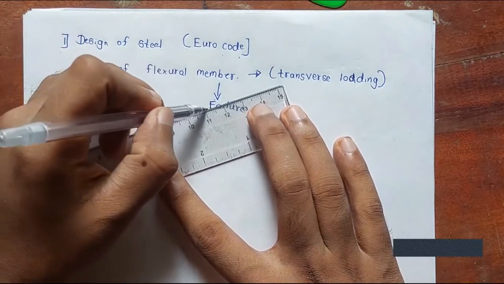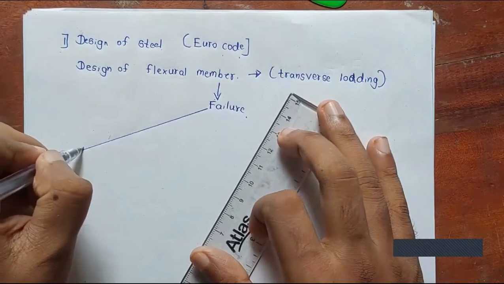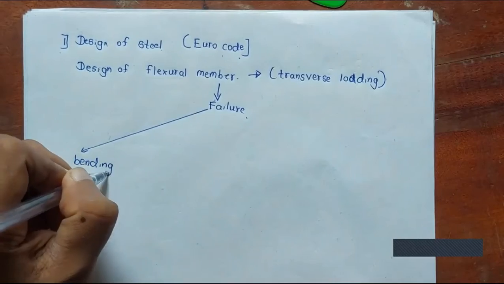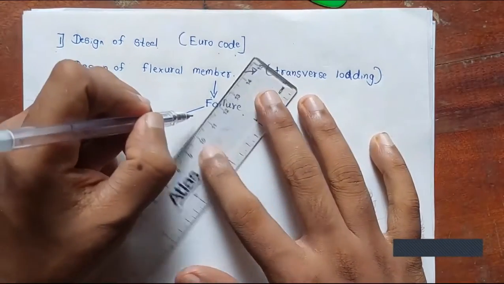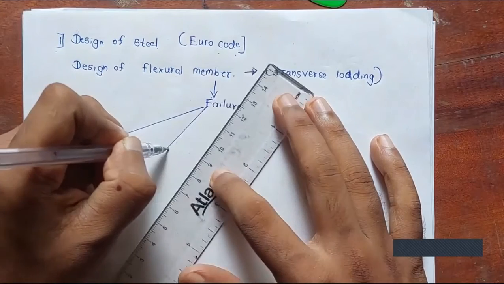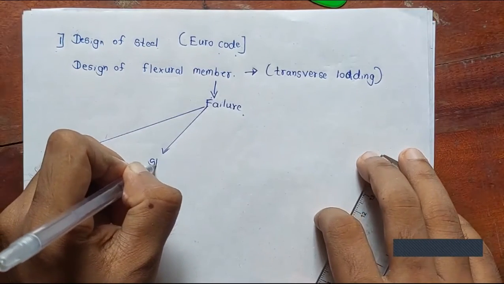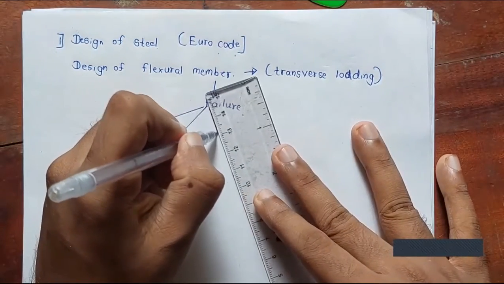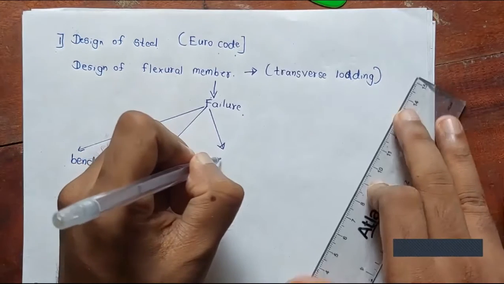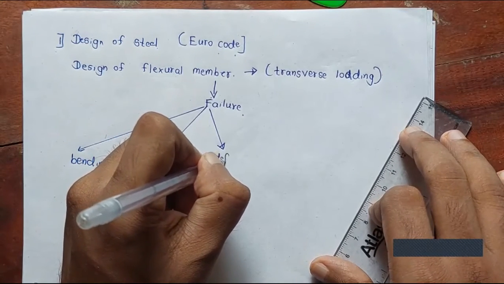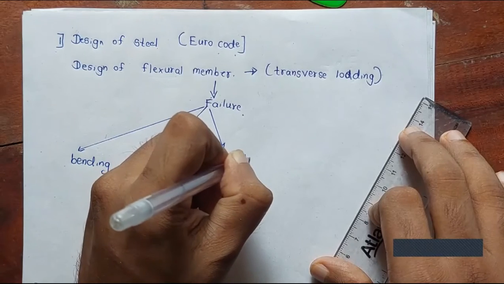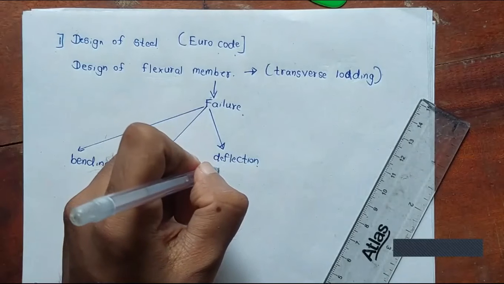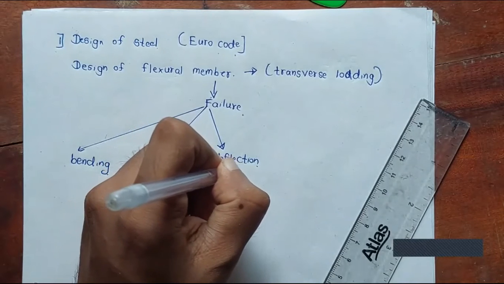Either it could fail by bending, or else shear, or else the deflection. This is not just deflection, this is excessive deflection.